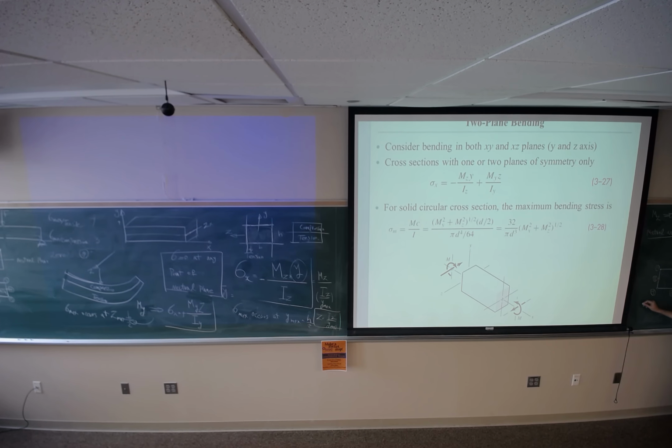It is going to be sigma equals Mz times the coordinate y, which is y1, divided by Iz, plus My times the coordinate z, which is z1, divided by Iy.